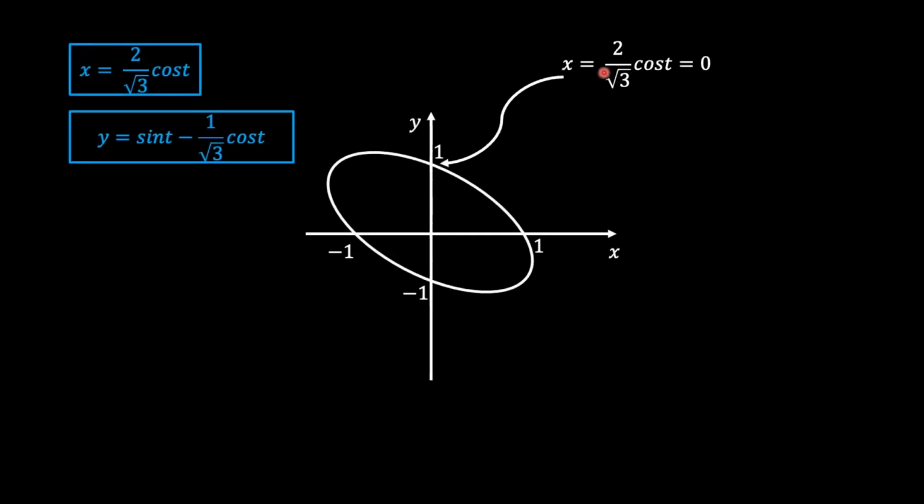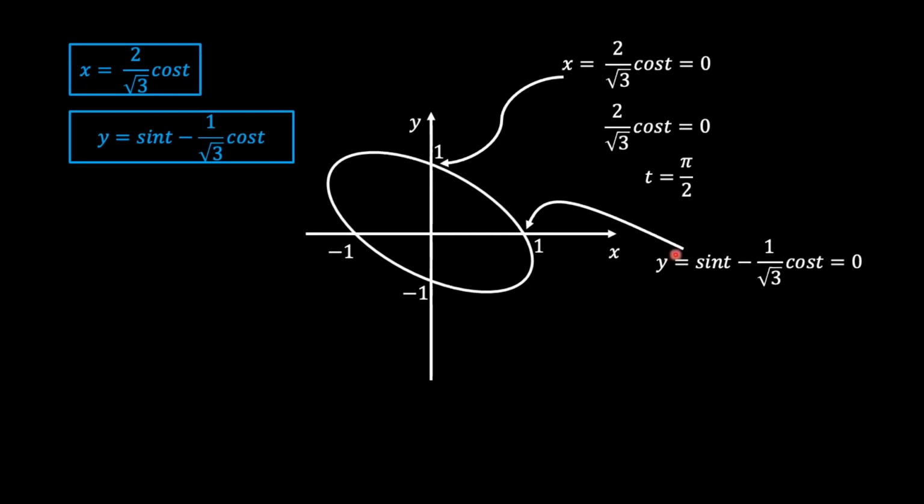So this is when x is equal to 0. When x equals 0, we have 2 over root 3 cosine t equals 0. And so 2 over root 3 cosine t equals 0 means that t equals pi over 2.